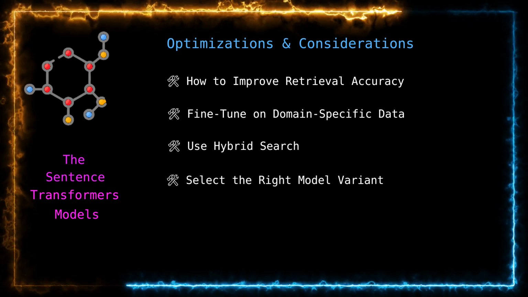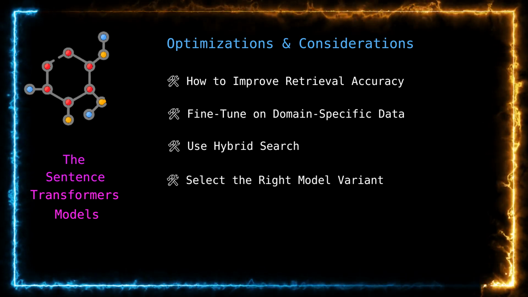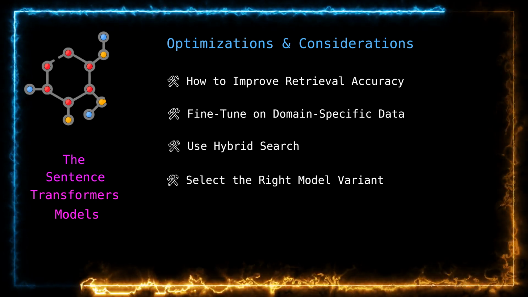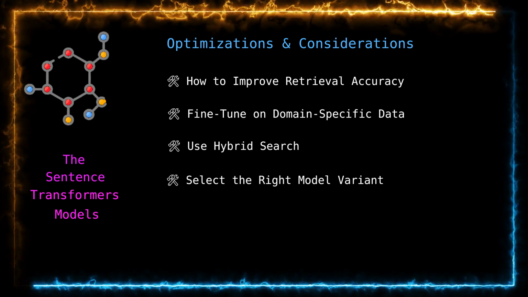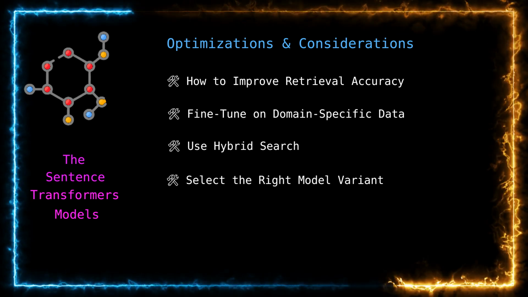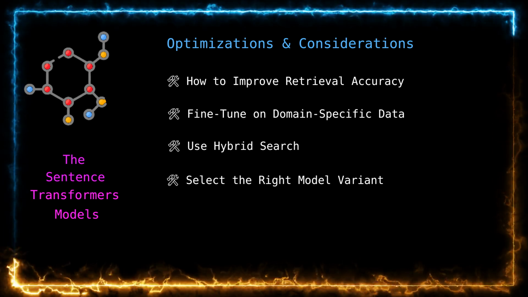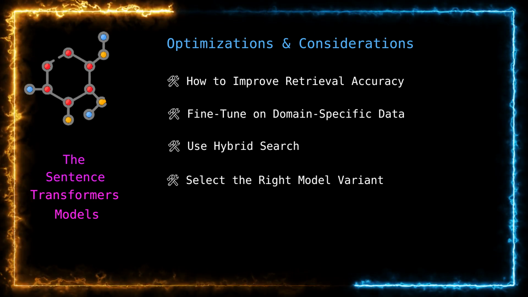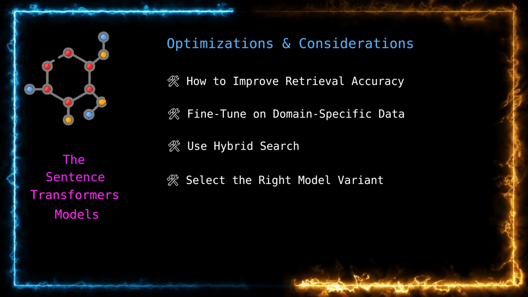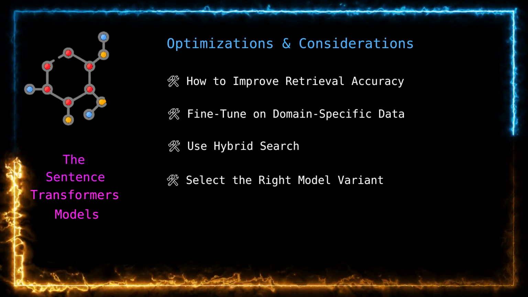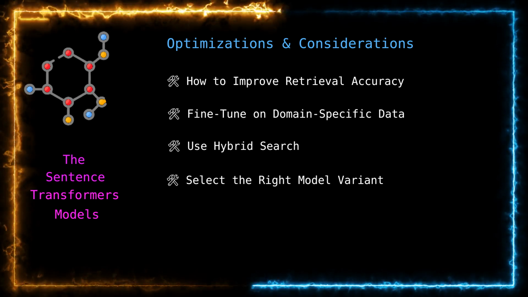Select the right model variant. Choose the best model based on your needs. For example, DistilBERT-based models, best for speed and efficiency. BERT-based models, a balanced option between speed and accuracy. RoBERTa-based models, the most accurate but requires more computation.